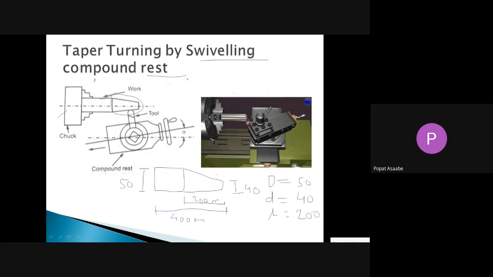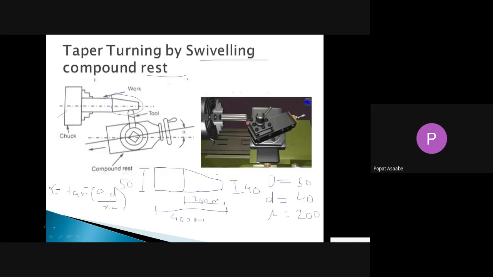Now, suppose I want to calculate the taper angle. What is the formula for the taper angle? Alpha is our taper angle. Alpha is equal to tan inverse of capital D minus small d divided by 2L. This is our formula.